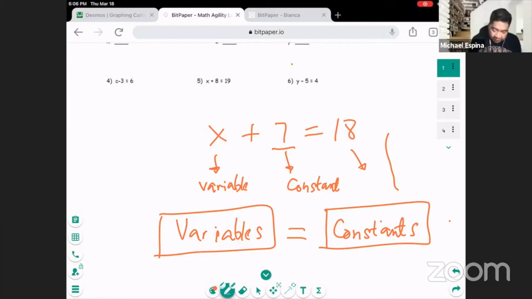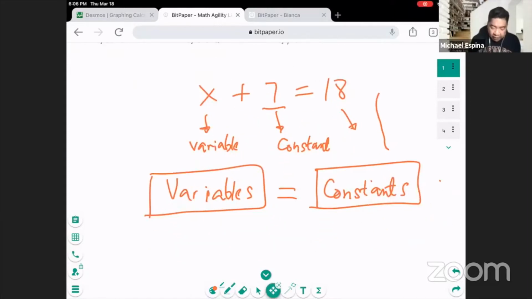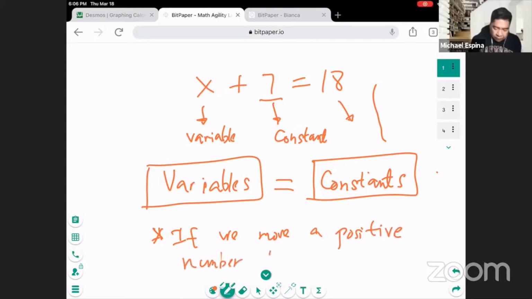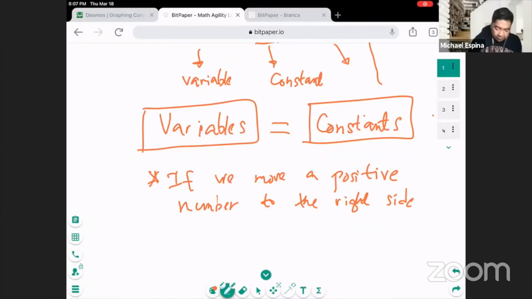Again, there are rules for moving constants or variables to the left or to the right of the equation. If we move a positive number to the right side of the equation, then it becomes negative.